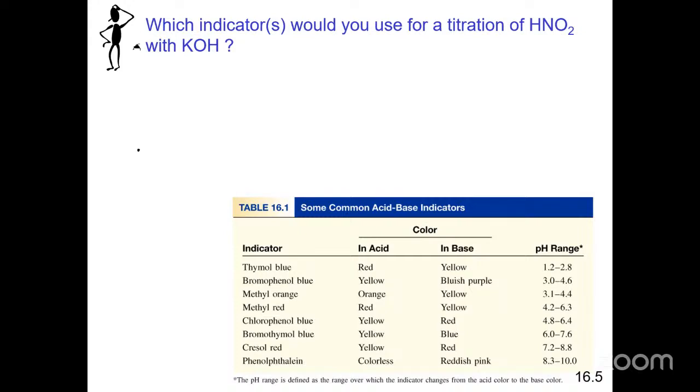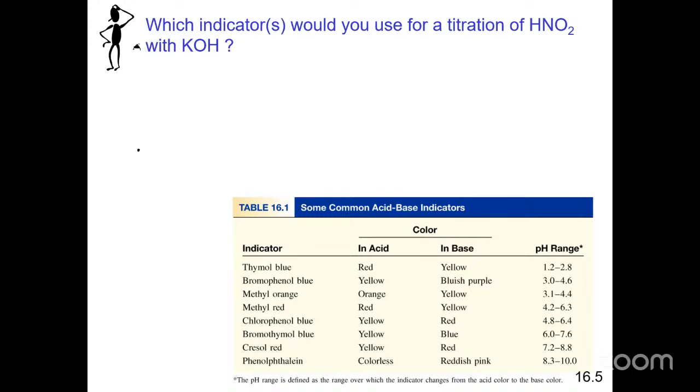Strong, okay. So if you're titrating a weak acid versus a strong base, then what would you expect the pH at the equivalence point of this titration to be? Would you expect it to be above 7, below 7, or at 7? You're titrating a strong base with a weak acid.